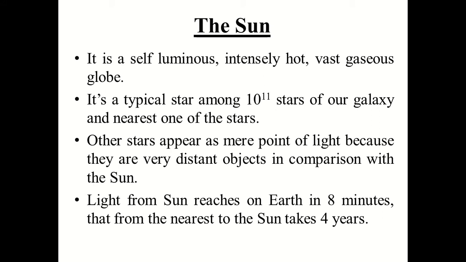As you know the velocity of light and also the distance between the sun and earth, from that you can calculate the time taken by the light to reach earth from the sun.